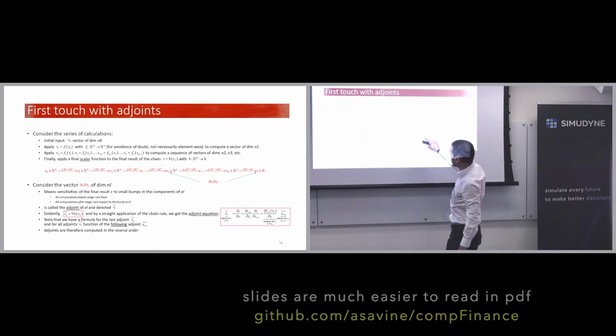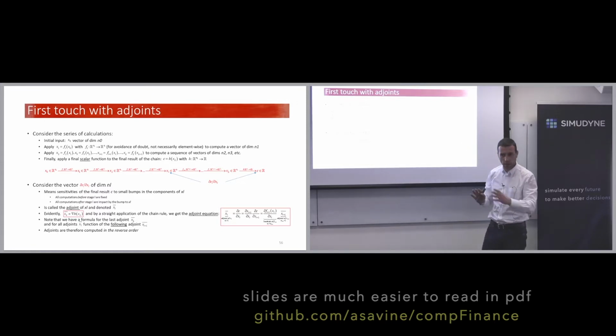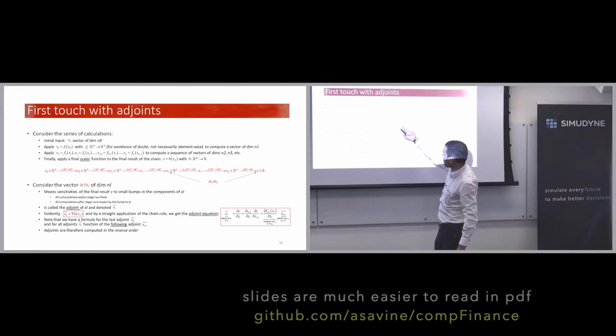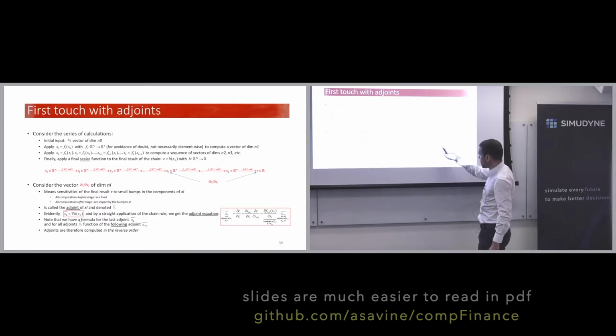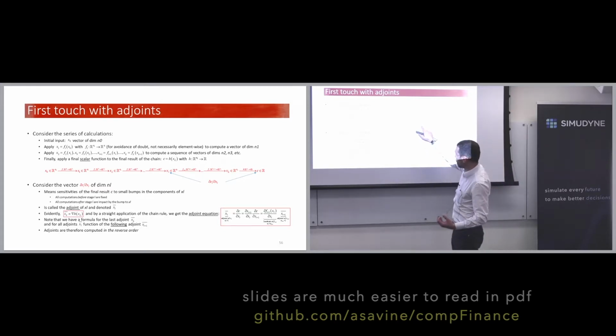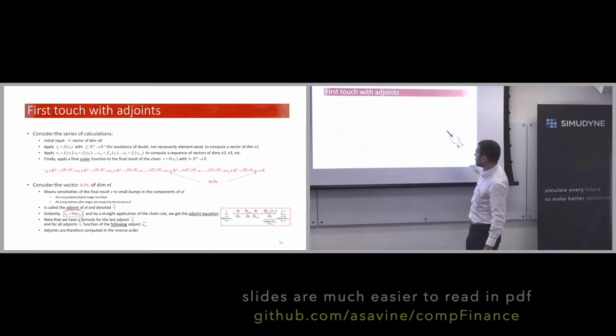But because we only look at sequences of calculations that have this sort of Markov property, where each layer only depends on the previous one, the only impact of x_l is through the calculation of x_{l+1}. Which also means, by the chain rule, that dC over dx_l will be equal to dx_{l+1} over dx_l, the Jacobian of the sensitivities of x_{l+1} to x_l, times dC over dx_{l+1}.